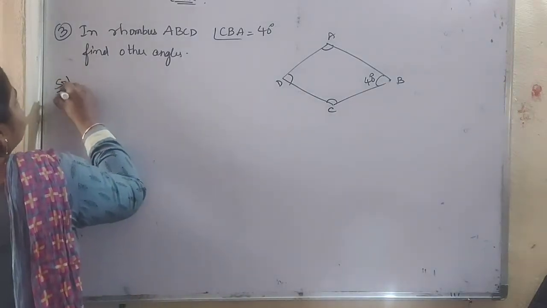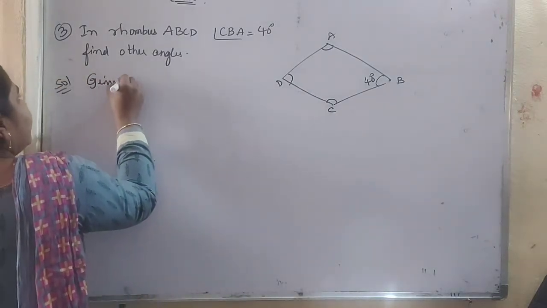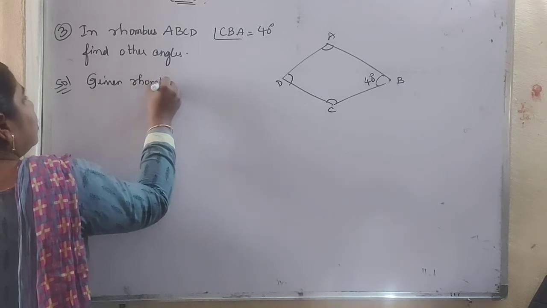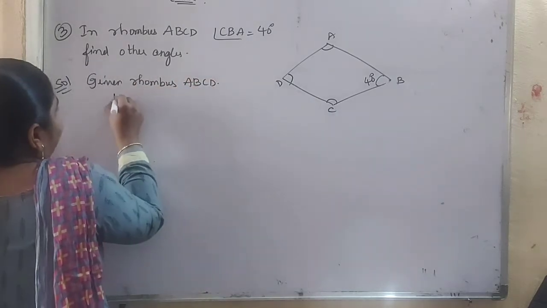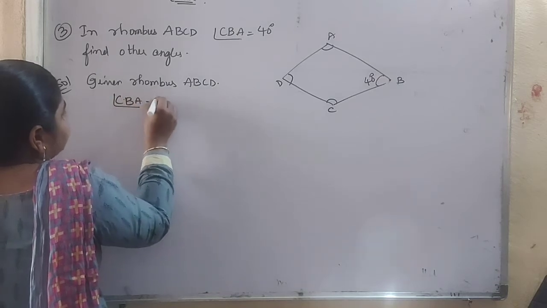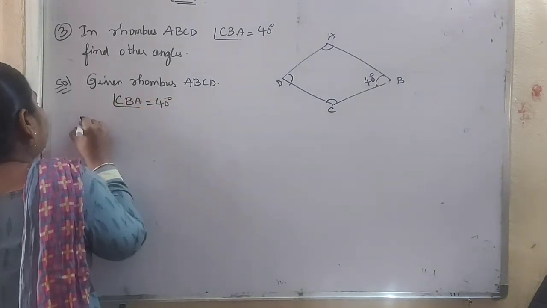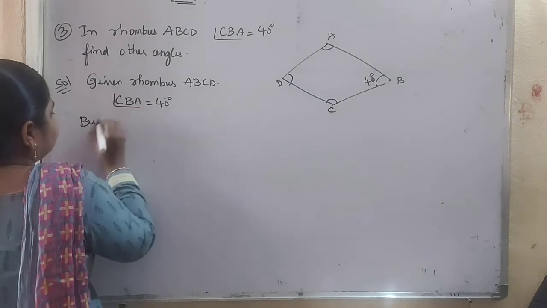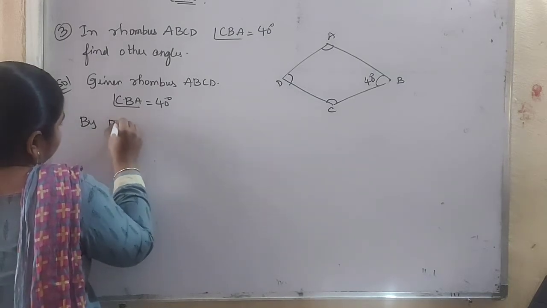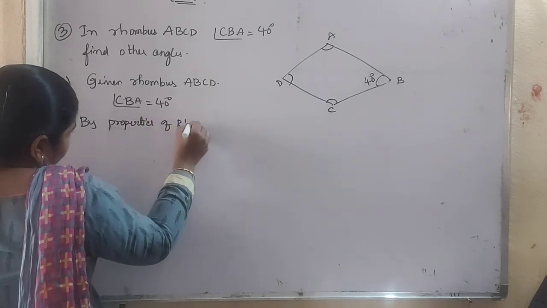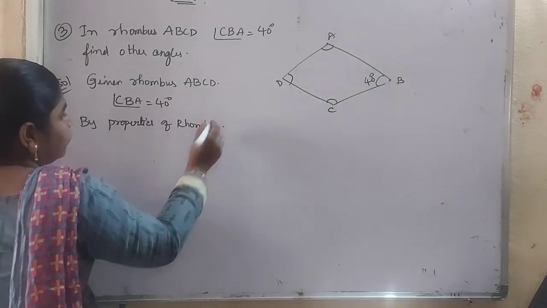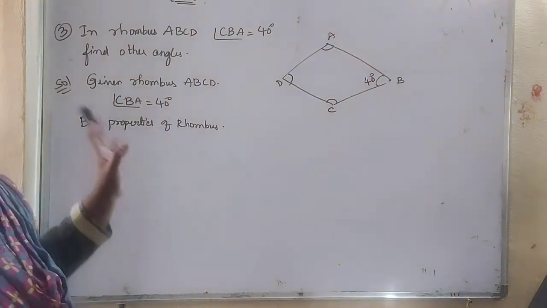So, solution. Given rhombus ABCD, angle CBA is equal to 40. By the properties of a rhombus, opposite angles will be equal.